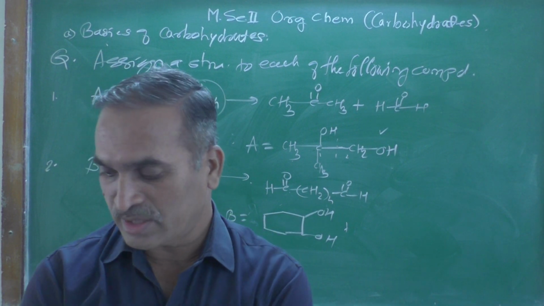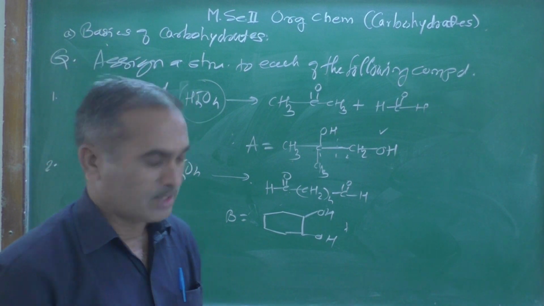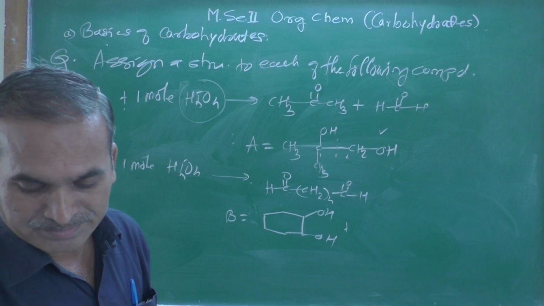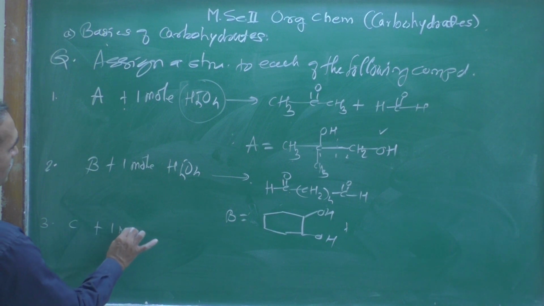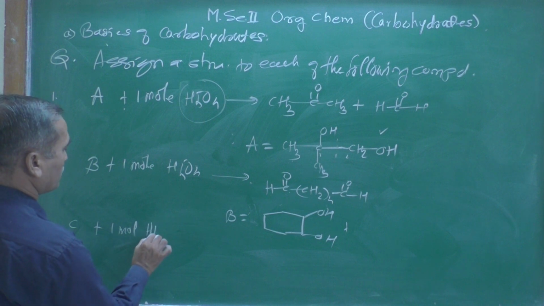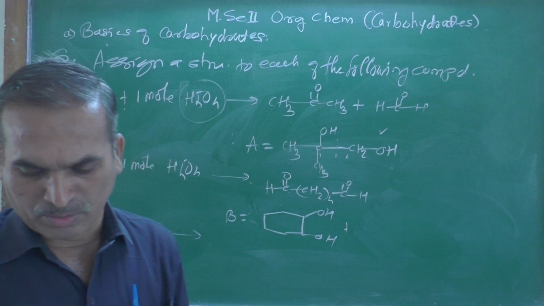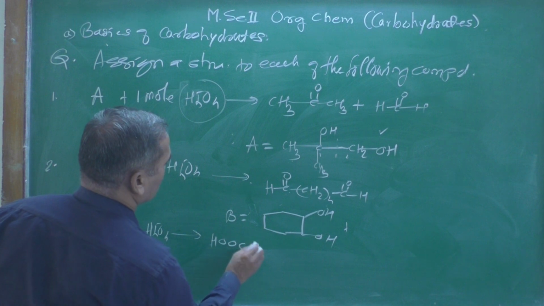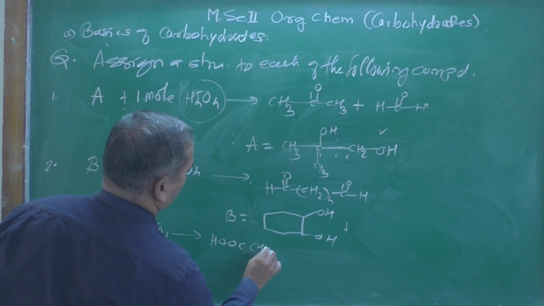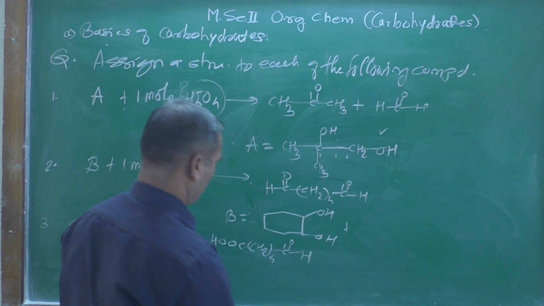Let's see one more example, the third example. Here is C plus 1 mole of HIO4, producing this type of compound: HOOC-(CH2)4-C(=O)-H.